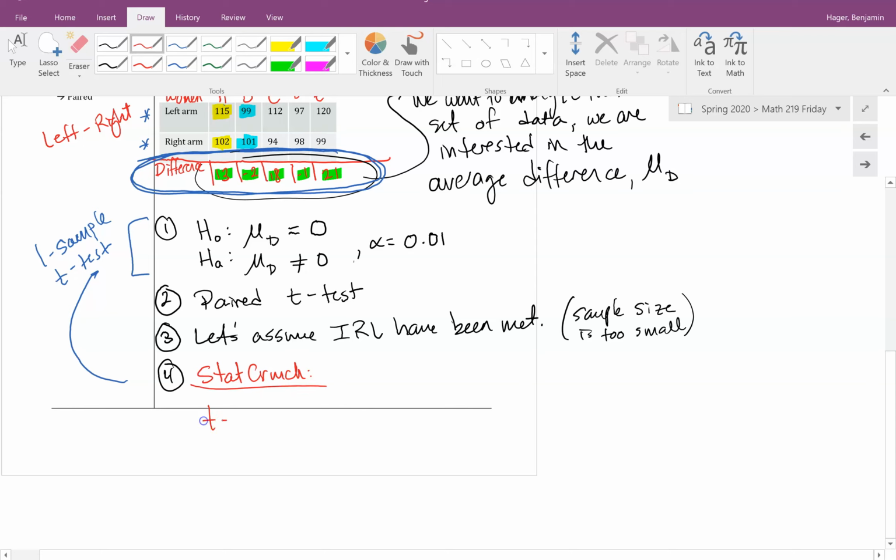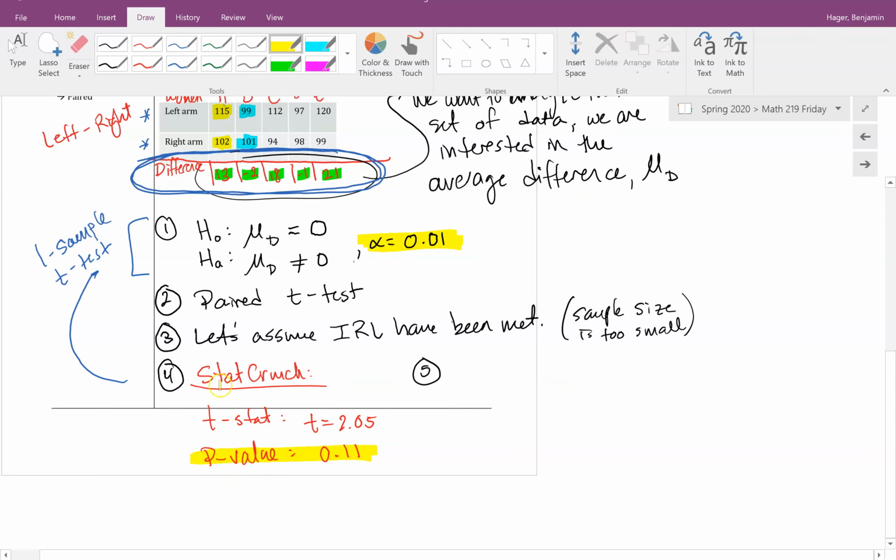We had a t-stat of 2.05, and then my p-value was 0.11. Since my p-value was fairly high, definitely higher than our level of tolerance, this means that we fail to reject the null.